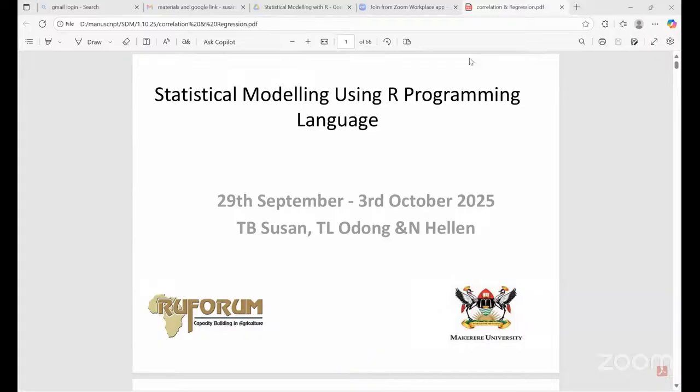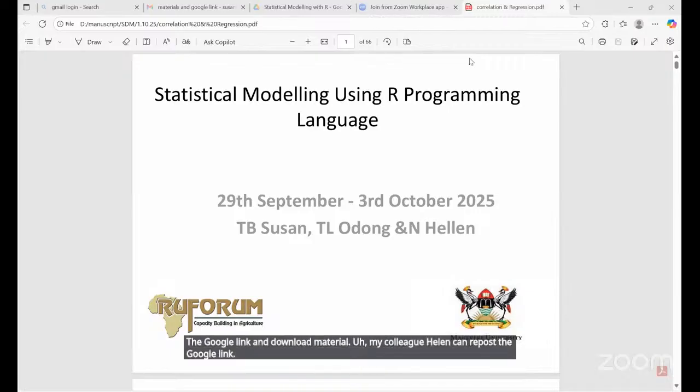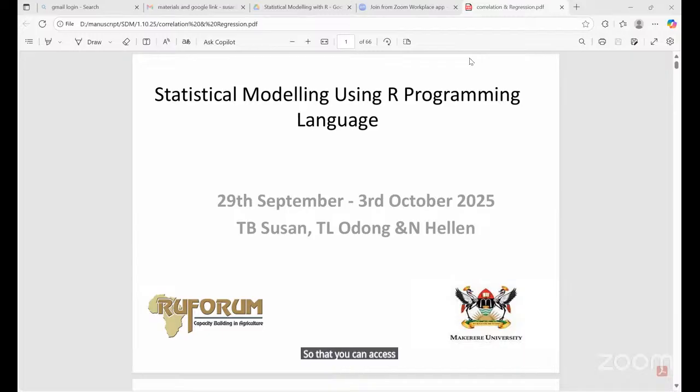Are we together? Can I see yes in the chat? Please go to the Google link and download material. My colleague Helen can repost the Google link so that you can access the material in day 3.